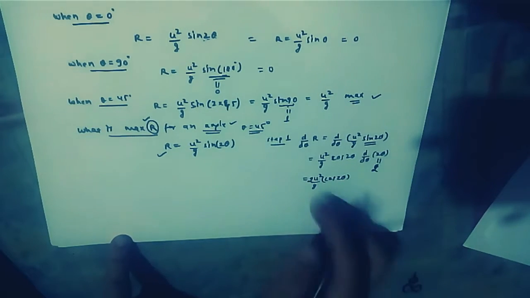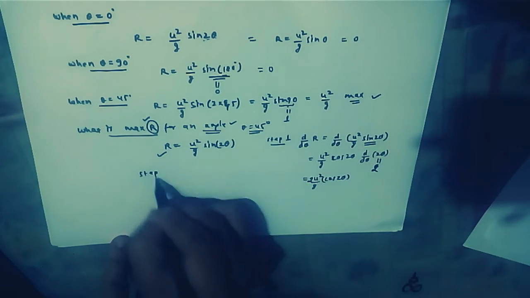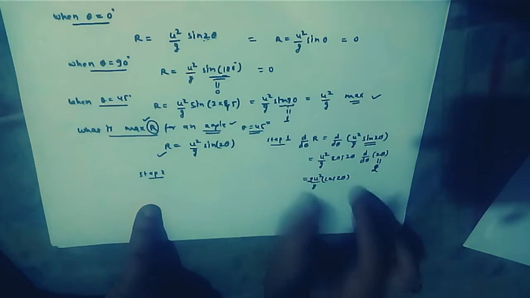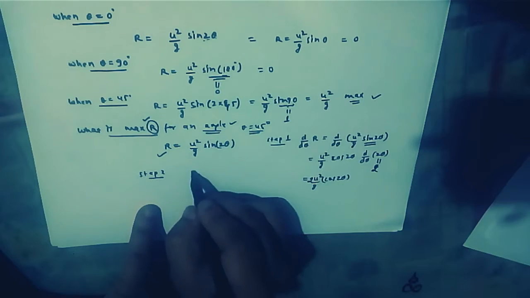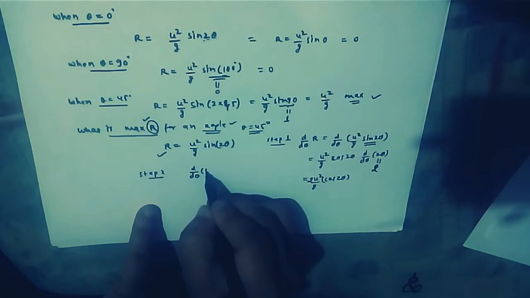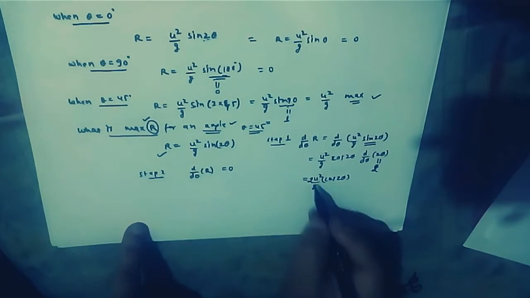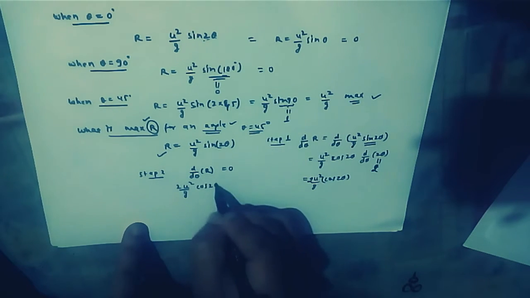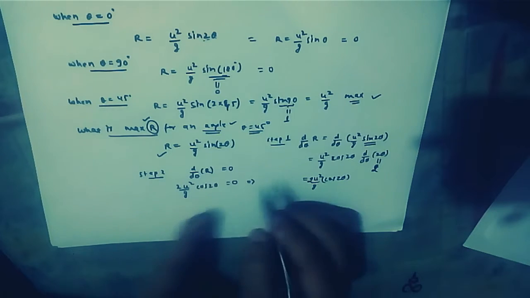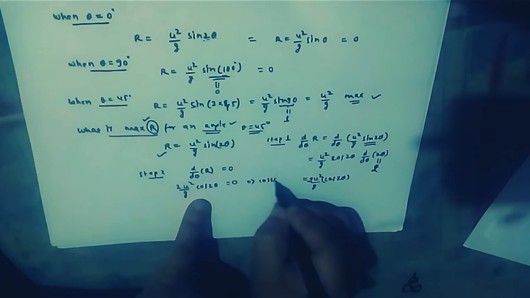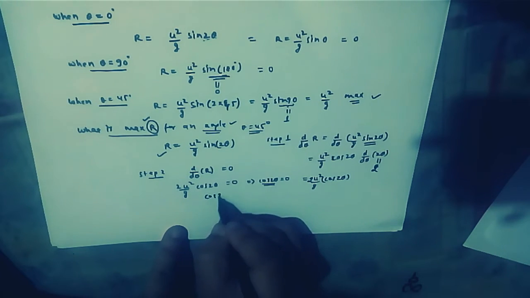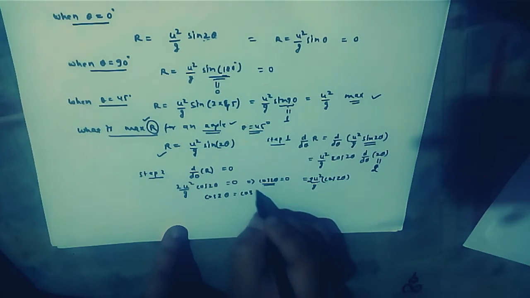And then for step 2, you have to put this value equal to 0, meaning d by d theta of R is equal to 0. So that would be 2 u square by g into cos 2 theta is equal to 0. It means cos 2 theta is equal to 0. So cos is 0 only when the angle is 90 degrees, right?